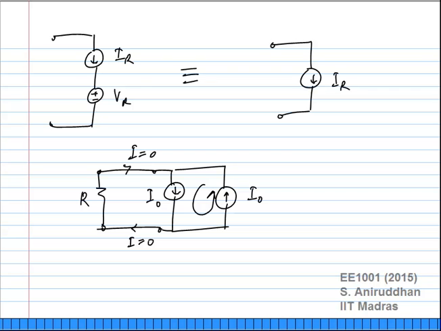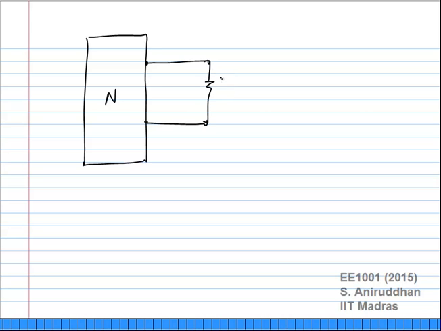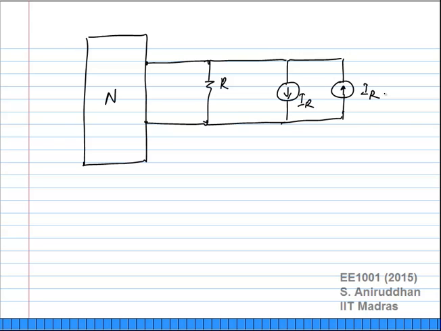Okay? So suppose I took my network N, across which I had my resistor R, and so this is IR, this is IR.